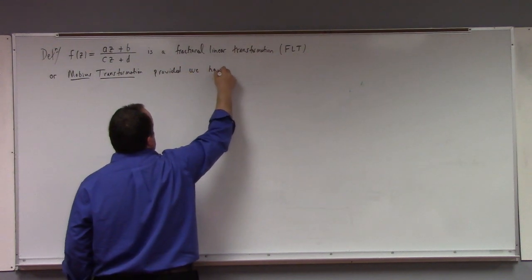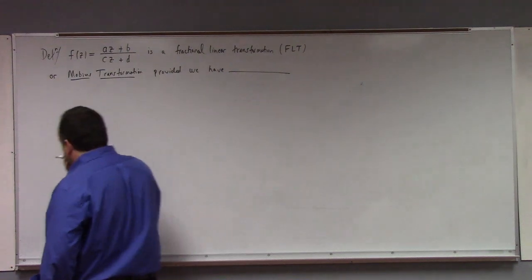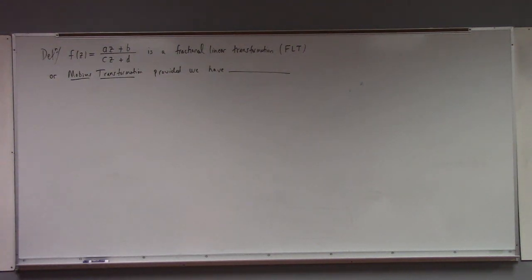We have a particular condition on A, B, C, and D. I'll make sure I haven't messed up my letters. So here, AZ plus B over CZ plus D, okay, cool.